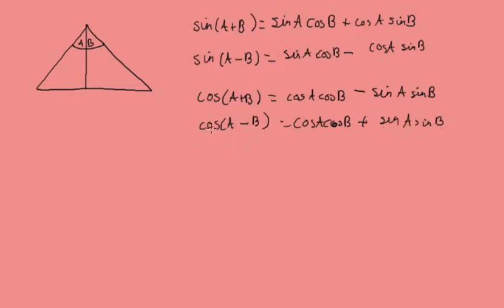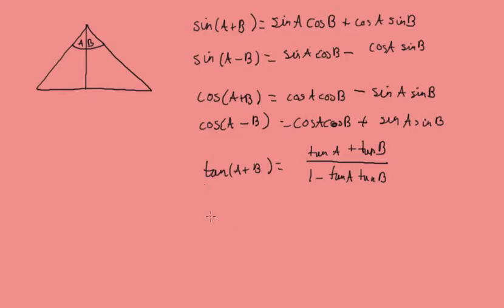And now we have the 2 for the tangents. So tan A plus B equals tan of A plus the tan of B over 1 minus tan A tan B. These are much trickier to memorise than the sine and cosine.